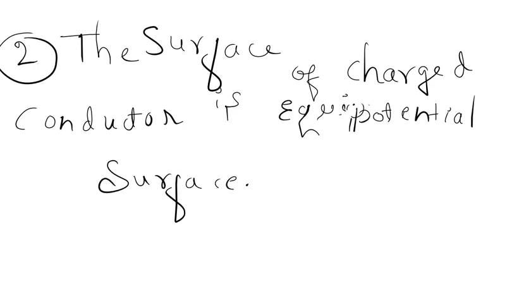The first one is the electric potential inside the conductor is zero. The surface of a charged conductor is an equipotential surface.